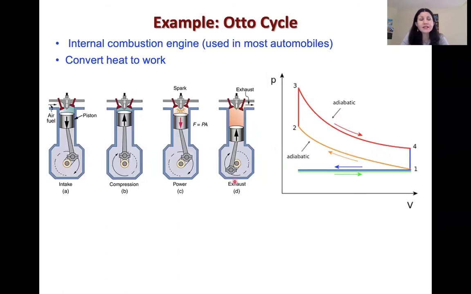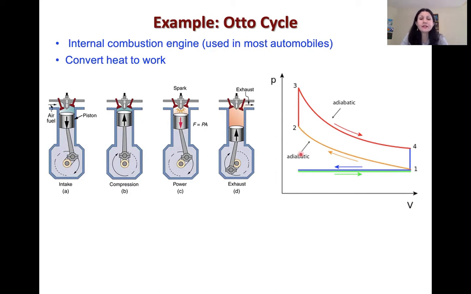All right, so here's an example of where an Otto cycle, this type of cycle that we saw in the previous slide, is used to model a real physical system. This is an idealized way of modeling the way engines work in your car, known as the internal combustion engine.